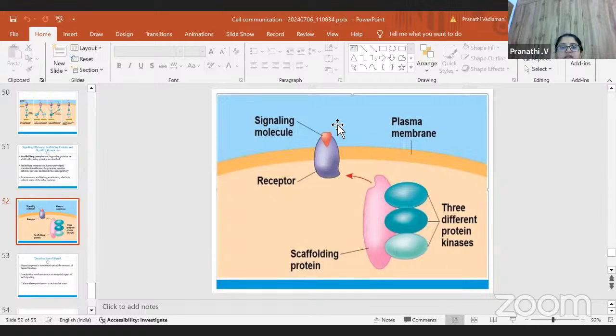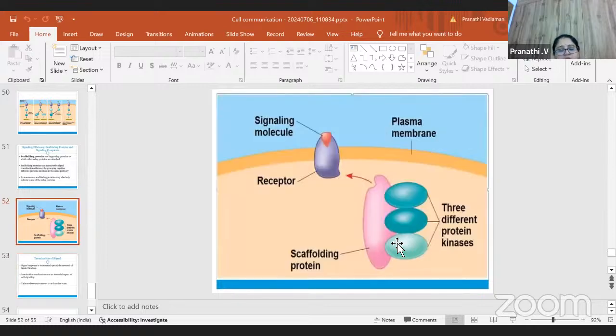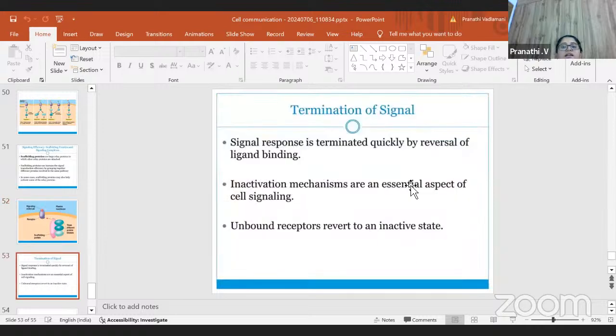So the signal molecule with the receptor on the plasma membrane acts on the scaffolding protein. You have different kinds of protein kinases. Only the necessary one should be activated, not all of them. And then termination is basically usually when the phosphate group, in case of phosphorylases, is cleaved by a phosphatase, or that group is being transferred to another inactive protein kinase, for example.